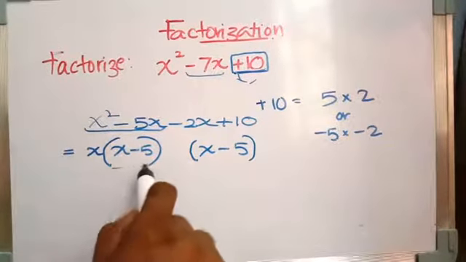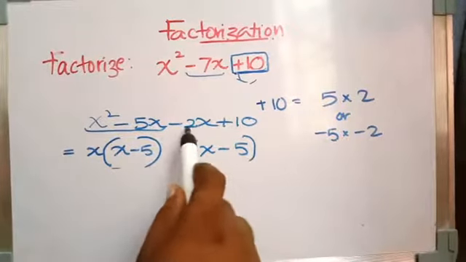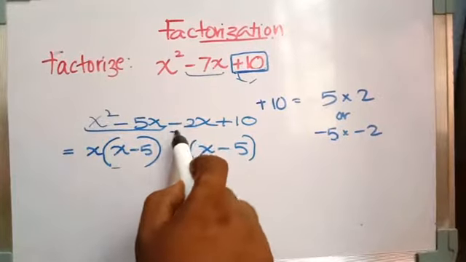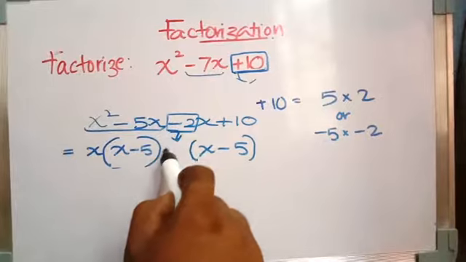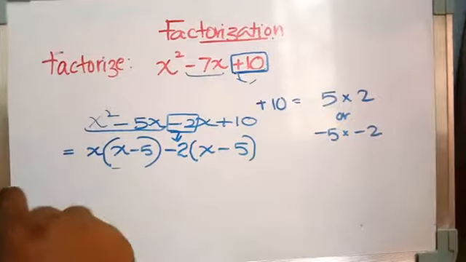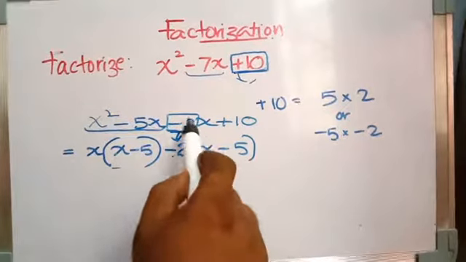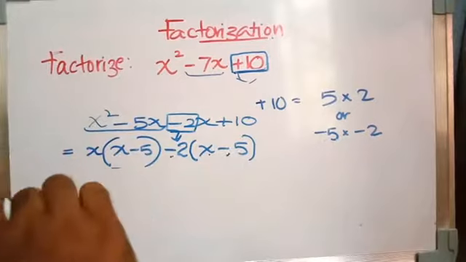As the bracket here is x minus 5, here also it must be x minus 5. So based on that, you have to take the common term outside. And I showed you a simple trick for the common term. What do you find here? That is to be written here. Now just multiply inside and see. Minus 2 into x is minus 2x. Minus 2 into minus 5 is minus into minus, plus 10.